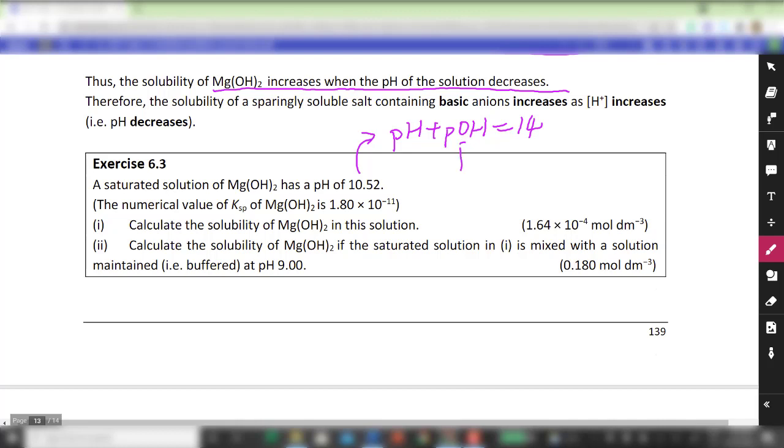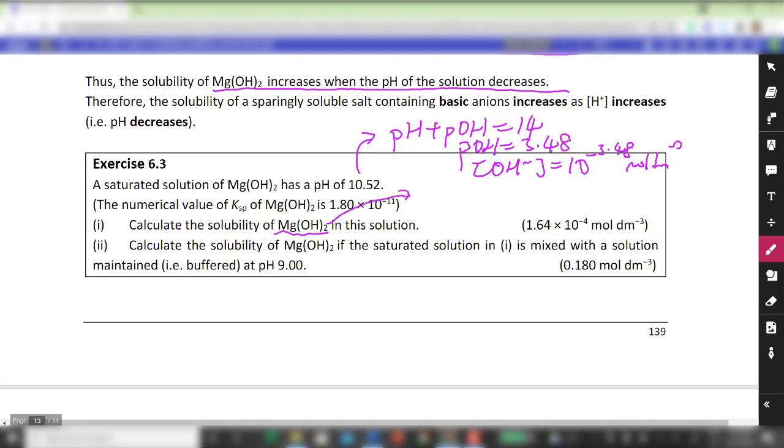So you can easily calculate pOH from here. The pOH will be 3.48. Therefore, the concentration of OH minus will be 10 to the power of negative 3.48 moles per dm cube. And then from here, I can easily calculate the solubility of magnesium hydroxide at pH 10.52.